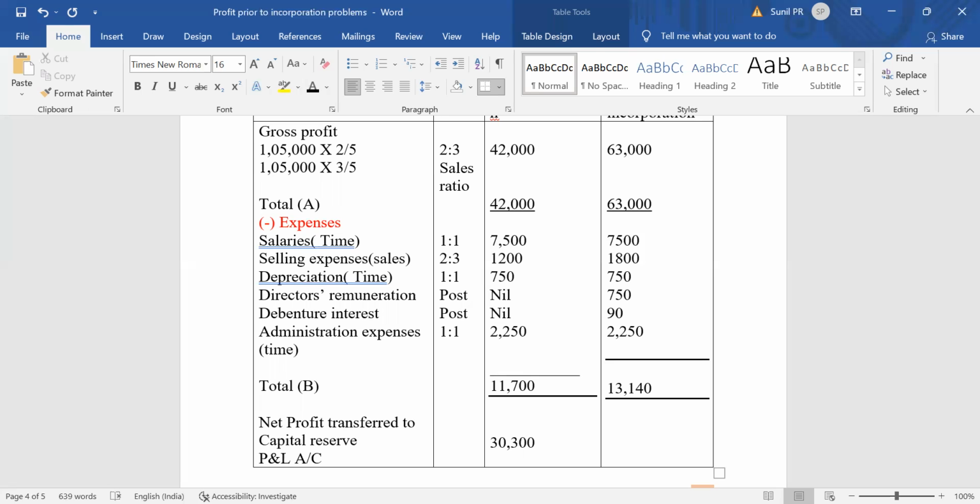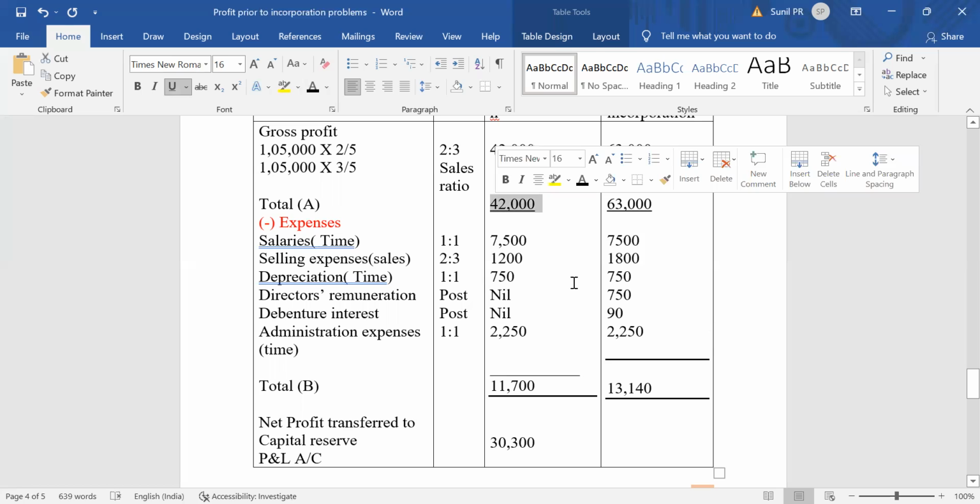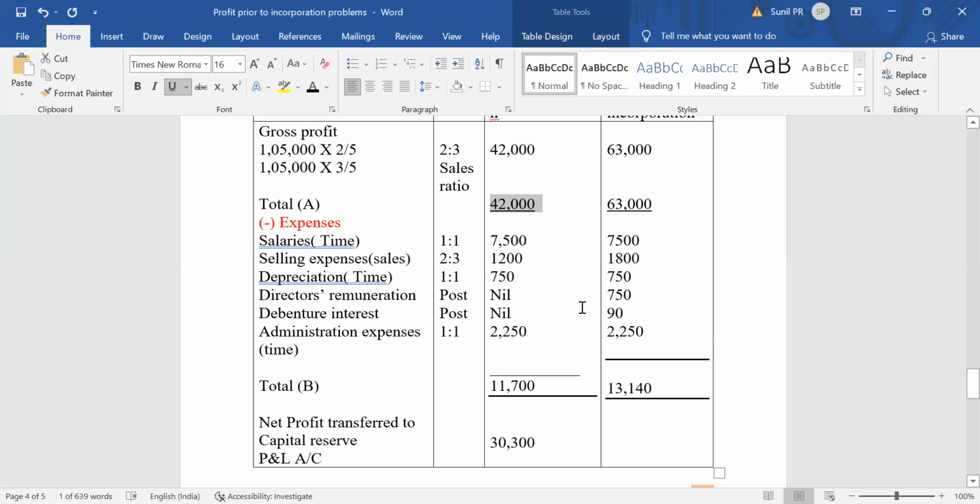42,000 was the gross profit of pre-incorporation, minus the expenses of pre-incorporation, which was 11,700. If you deduct that, you get 30,300, correct? See, I'll show you. 42,000 is the pre-incorporation profit.